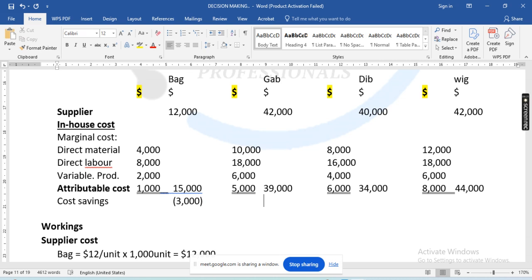We will get there. Give me the difference. What is the difference? This is 3,000. Next is 8,000.